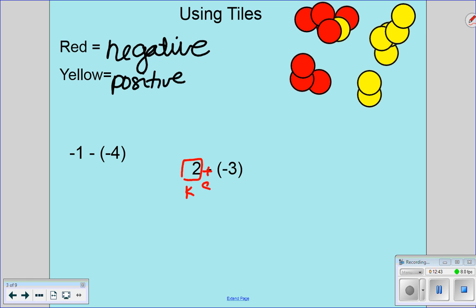And then what am I going to do to this? Change. Guess what? It's 5, just like what we had on our board. And if I do this one, I'm going to keep, change this one, and change this one. And the answer to this one was positive 3 on our board.